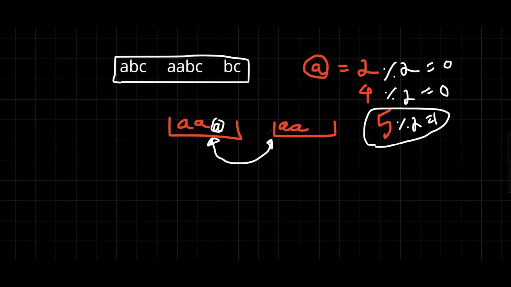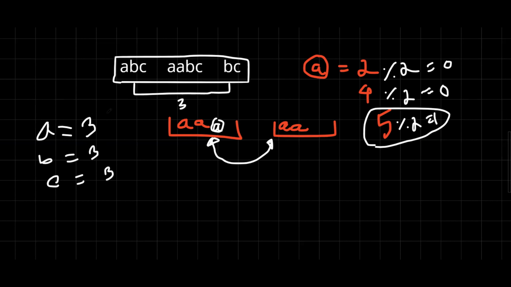equal. So the basic algorithm is very simple. We have to calculate the frequency of all the given input characters. Suppose here the frequency of A is 3, 1 is here and another 2 is here. And the frequency of B is also 3 and the frequency of C is also 3. So here we can say that the size of the list is equal to 3. So we can clearly understand that the modulus between all of the 3 and 3 is 0.